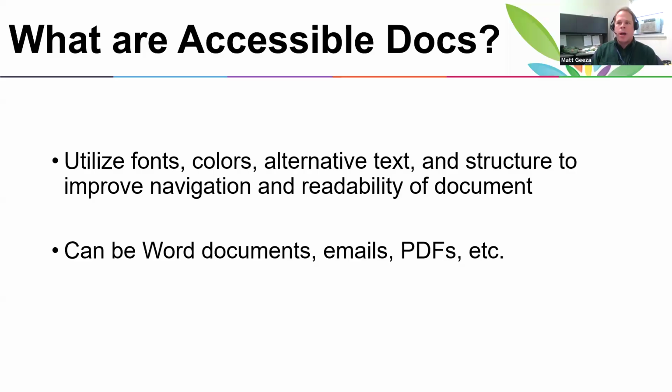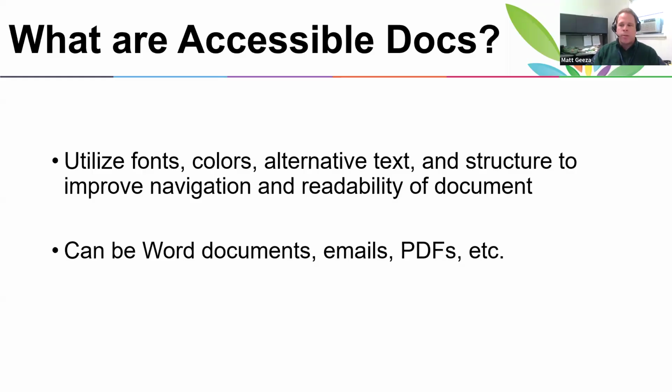When it comes to accessible documents, what we're talking about is utilizing fonts and colors, alternative text, and document structure to improve the navigation and readability of the document. This helps screen readers, which rely on the code.